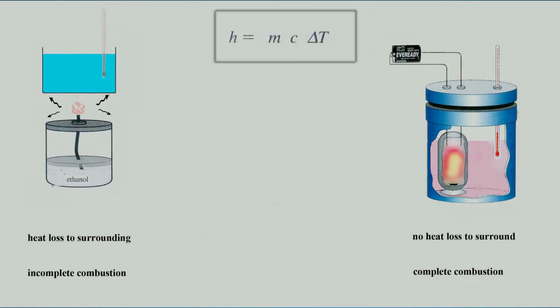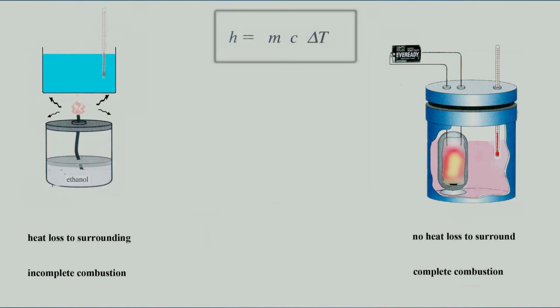This heat loss to the surroundings will cause the temperature to be lower. Another point is incomplete combustion, especially when you're using a longer fuel. The longer the fuel, the more oxygen you need. The oxygen in air is only 20%, so a long fuel will have incomplete combustion.